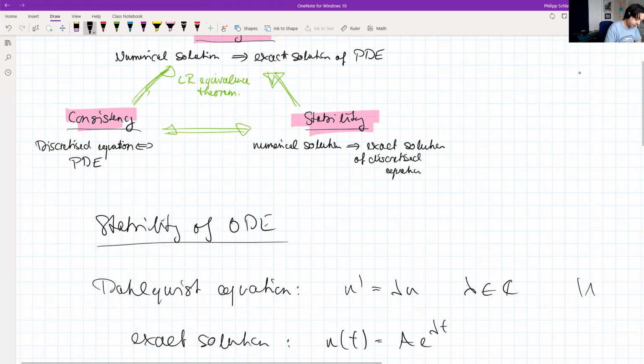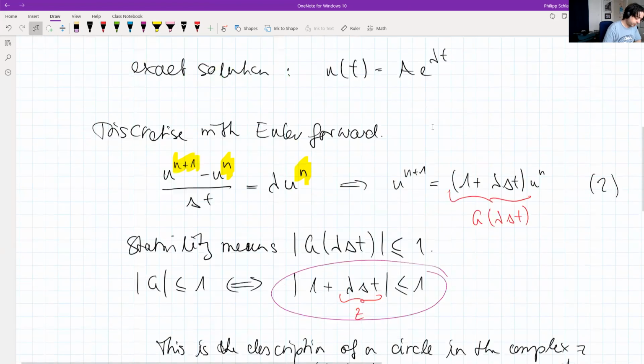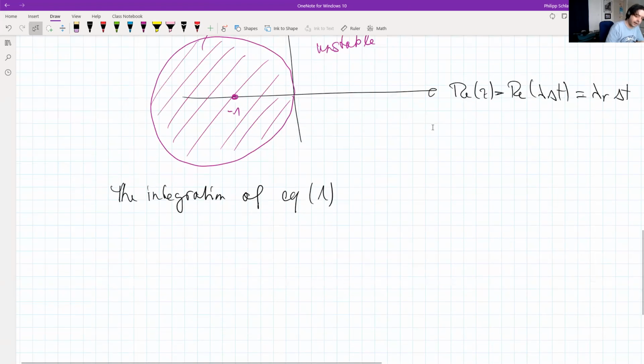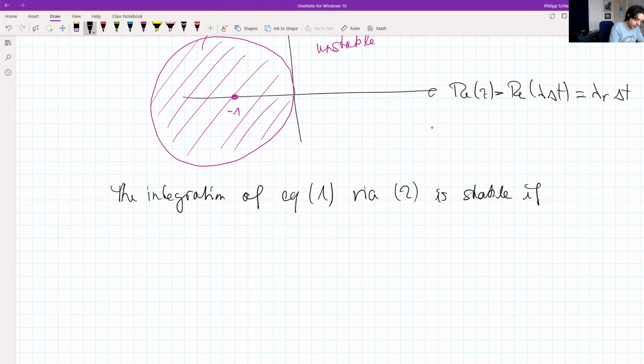This would be equation 1. So the equation 1 via the discretization in equation 2 is stable if z, being lambda delta t, is within the hatched area, so the purple area.